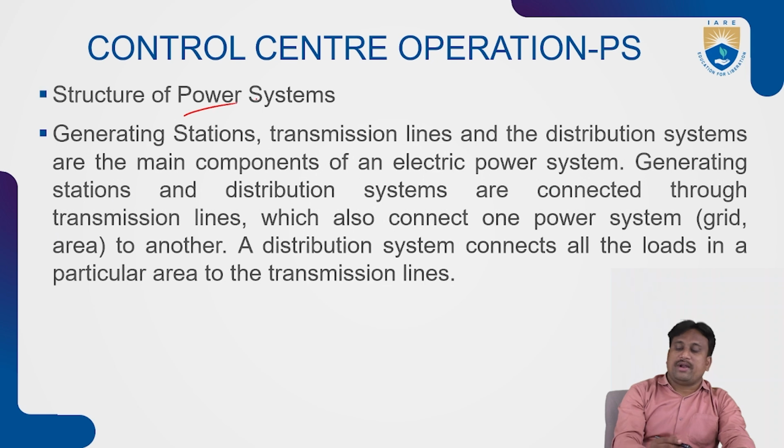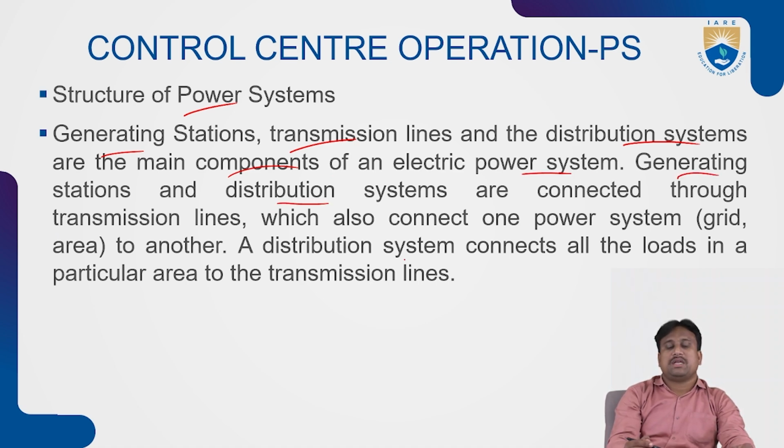So here we will provide some structure to the power system network in the manner of generating stations, transmission lines, and the distribution systems, which are the main components of the electrical power system network. So generating stations and distribution systems are connected through the transmission lines, which also connect to the power system network, as in the grid area to another case.